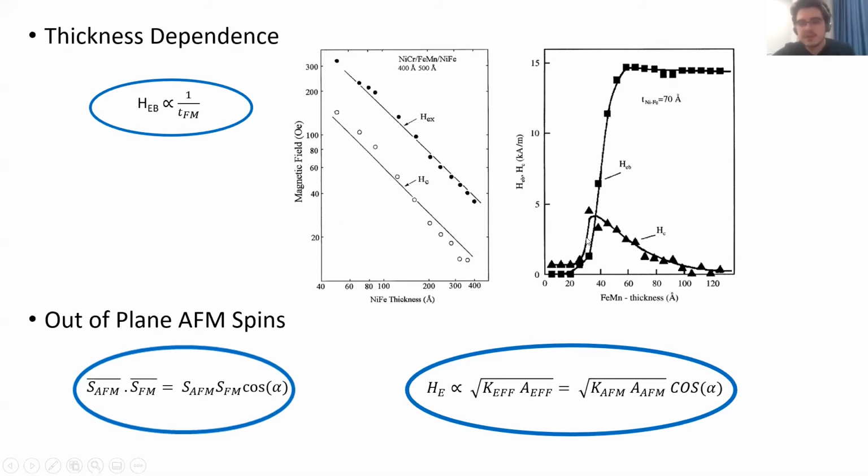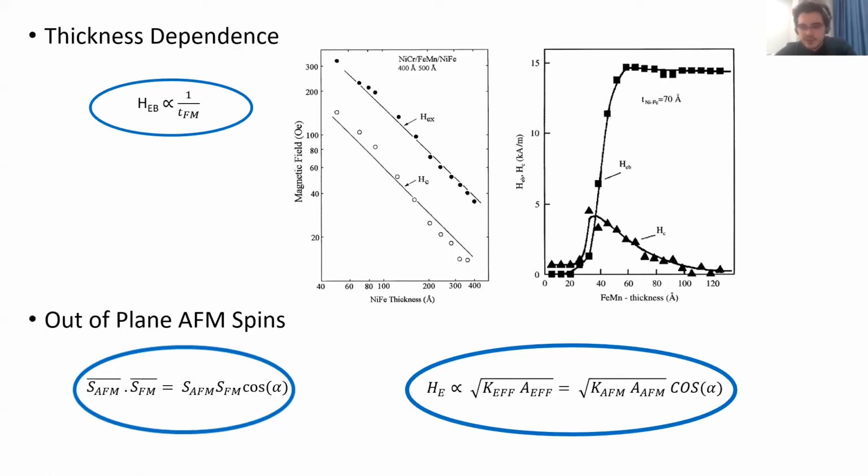It can be because, as we explained, for this exchange bias characteristic, I told that the anisotropy part of the energy must be bigger than the interaction part of the energy. When you decrease the thickness of the AFM, you may lose this condition. So the AFM may start to rotate with the ferromagnetic layer.